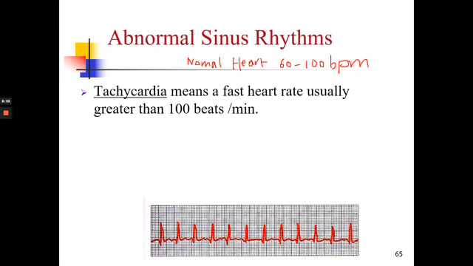So tachycardia is an increase in the heart rate, when the heart rate is more than 100 beats per minute.